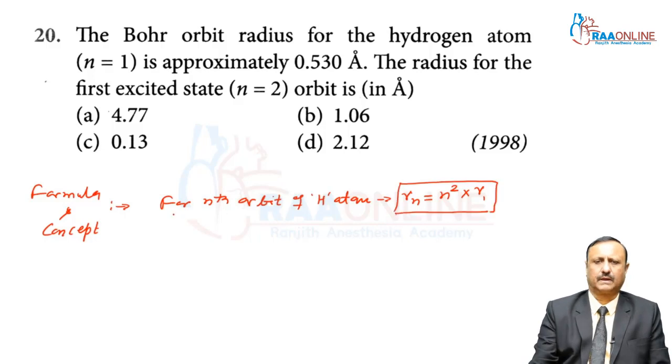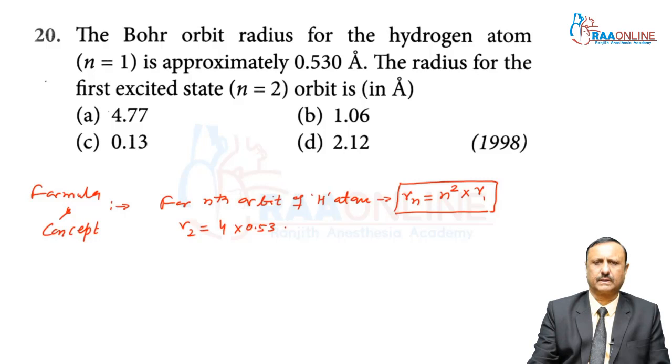Here R2 is equal to 4, because here he said the first excited state. So, first excited state n is 2, so n square is 4. So, 4 into R1, R1 is equal to 0.53 angstrom.